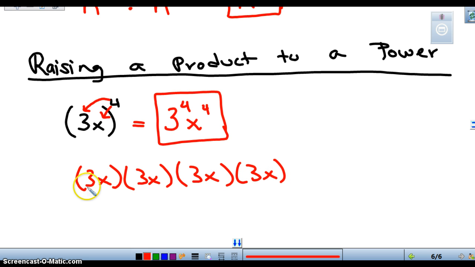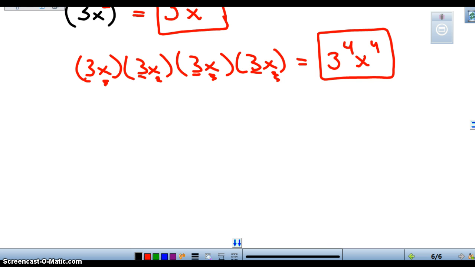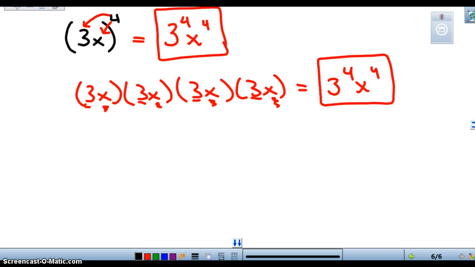How many 3's do we have? 2, 3, 4. How many x's do we have? 1, 2, 3, 4. 3 to the 4th power, x to the 4th power. Let's say we have 2x squared raised to the 4th power.